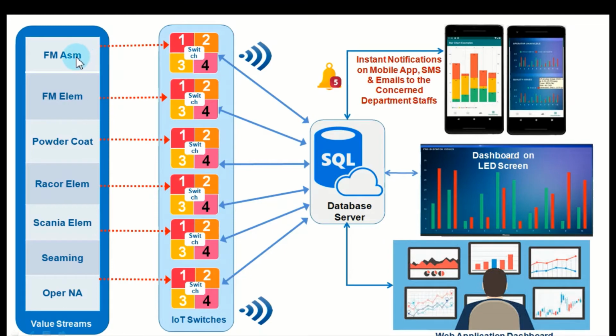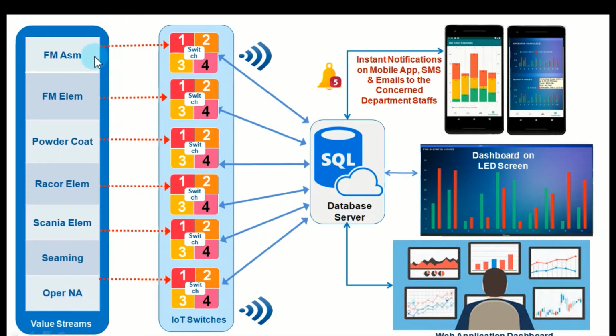So we have taken these value streams into consideration: FM assembly, FM element, powder coating, Rackor element, Scania element, seaming, and operation non-availability.